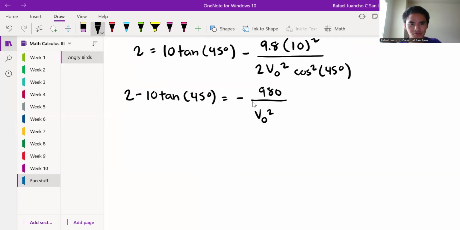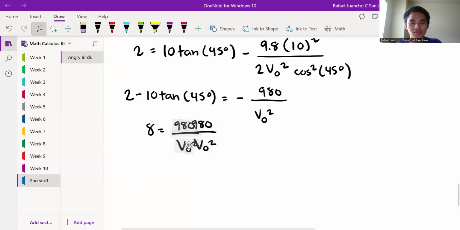So 2 minus, what's tangent of 45? See, I'm not good at trig. Oh, it's 1. So 2 minus 10 times 1 is negative 8. Now we can divide by negative 1, and we basically get this value.